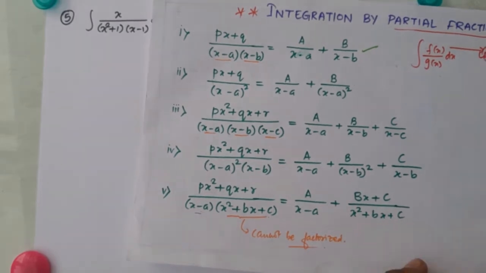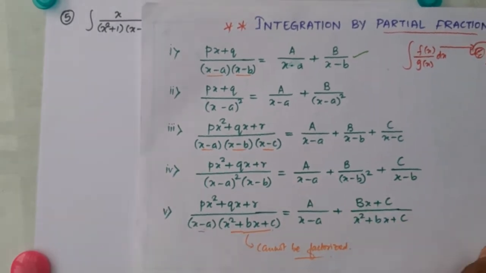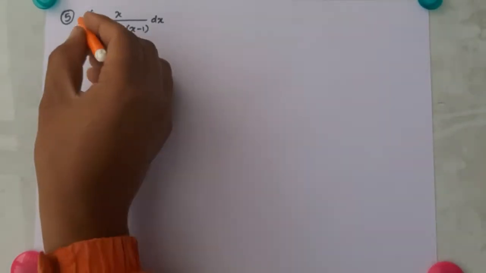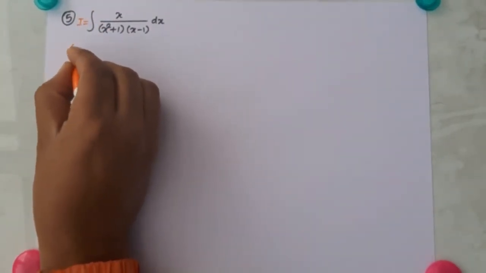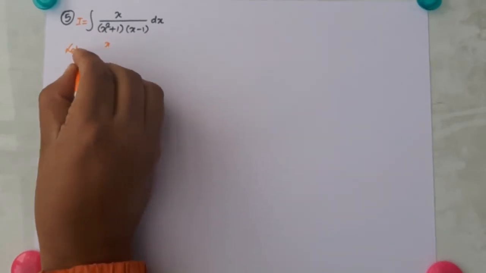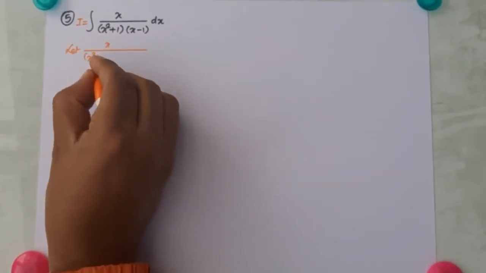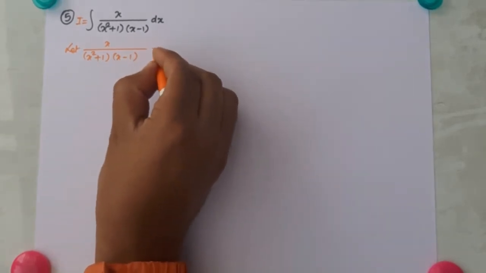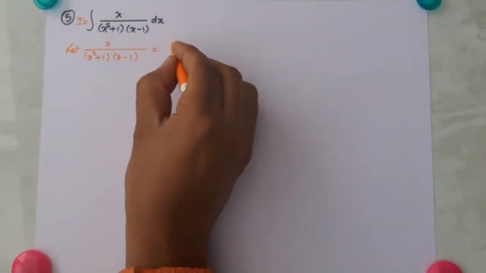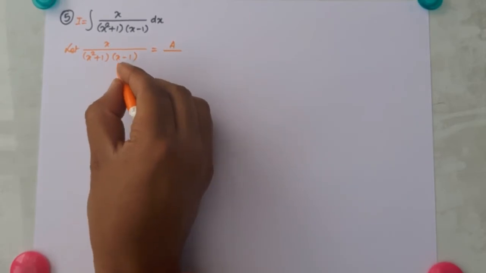Okay, so let me call this integral I. You can write this as x by x square plus 1 into x minus 1 as, the rule says, a by the linear part. Which one is linear?